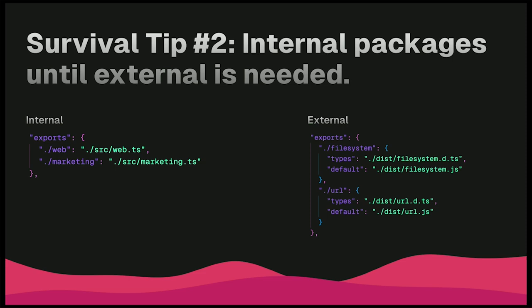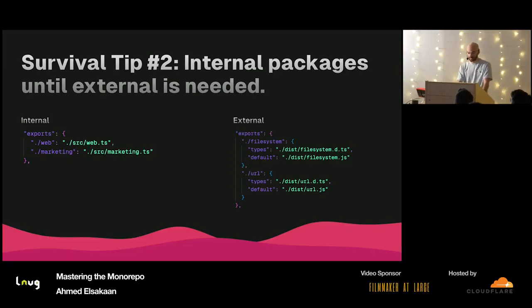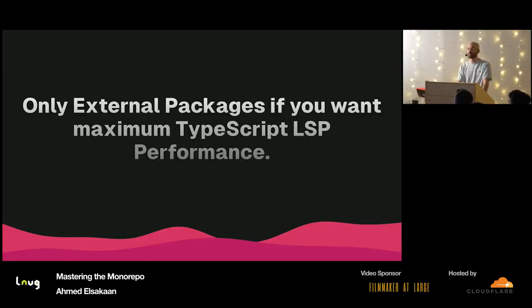Now, internal ones are a lot easier to get started with. All you need is a package.json and your TypeScript, and you just put that in your exports and you're good to go. However, at some point in scale, your TypeScript LSP will start complaining. It is a lot faster to ship out your declaration files with JavaScript rather than TypeScript source code.